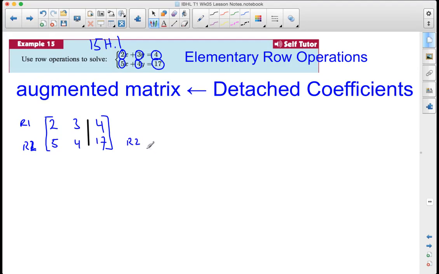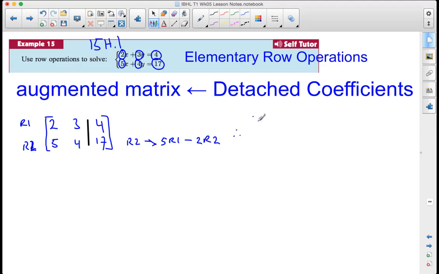Row 2 is going to be 5 times row 1, take away 2 times row 2. So we are going to replace row 2 by 5 times row 1, take away 2 row 2. And that's an elementary row operation.